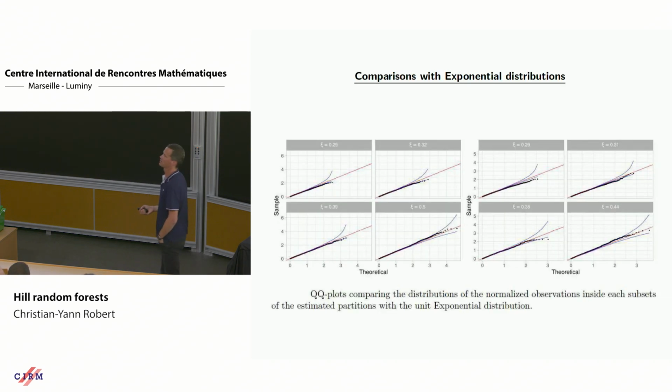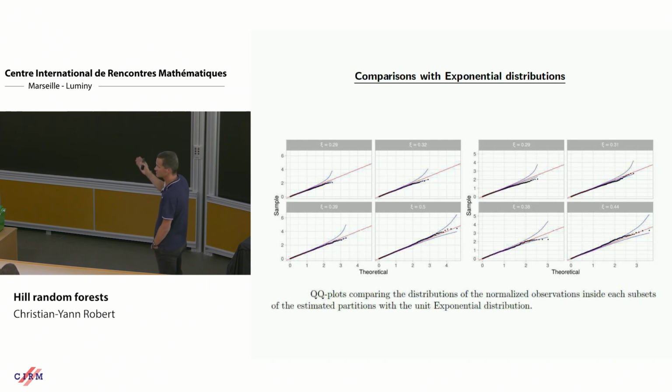And to be sure that we do something which makes sense, we also compare the distribution of your observations in each cluster. As I said in the beginning of the talk, we should have an exponential distribution with a parameter equal to alpha x.